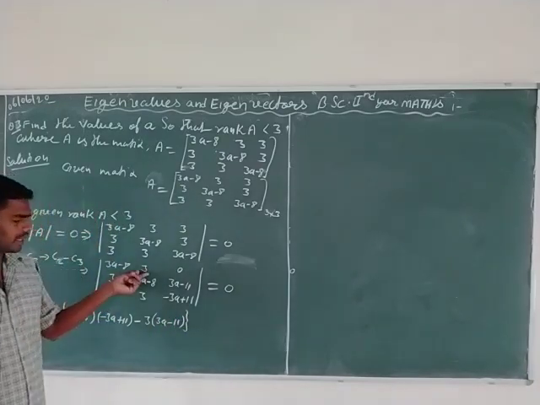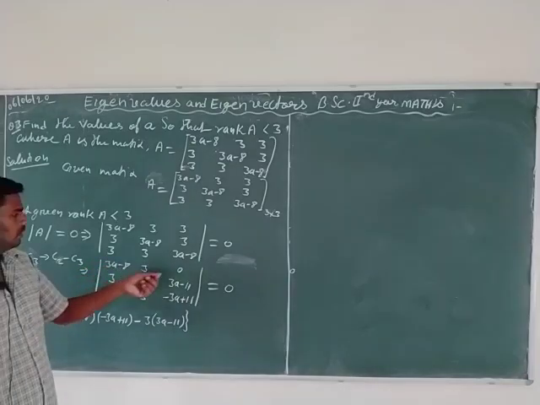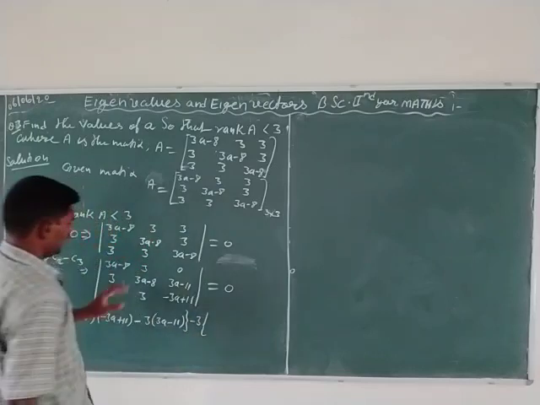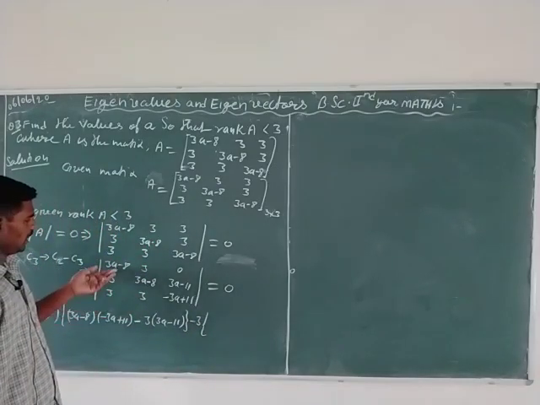In the second bracket, taking negative sign, positive, negative, positive, so minus 3, and eliminate this column and this row.